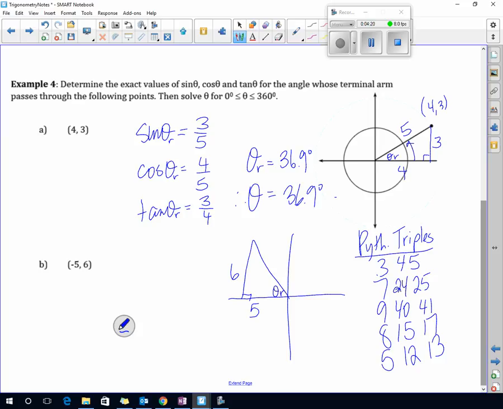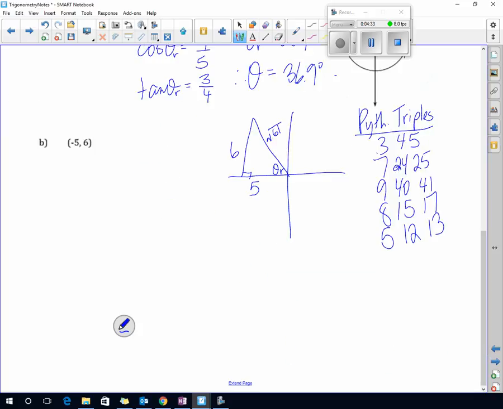So what is my sine theta equal to here? 6 over root 61. Is it positive or negative in that quadrant? Positive. Cos theta, what is it equal to?